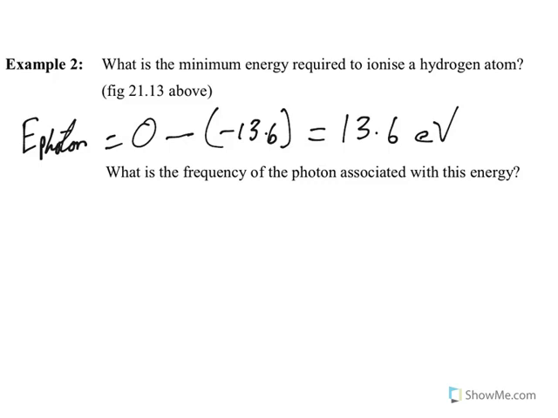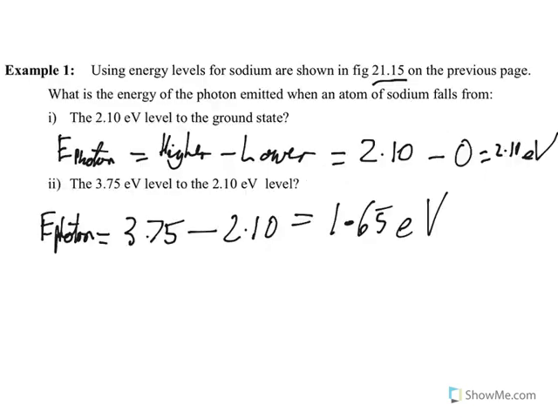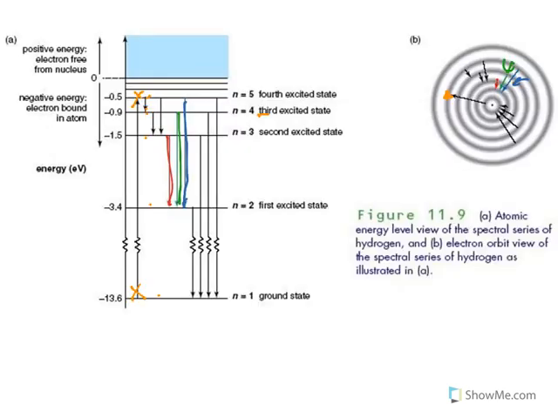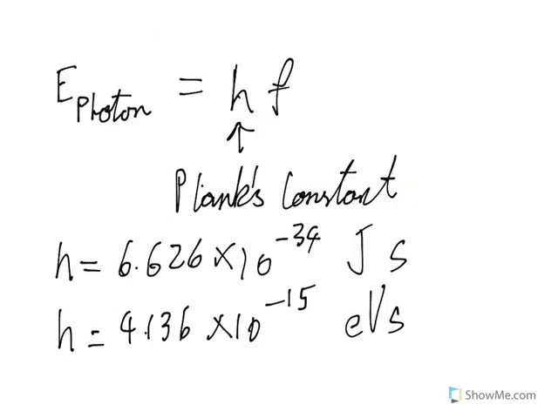Okay, so then it says, what is the frequency? So for frequency, remember, E equals hf, the energy of the photon. So the energy we're looking for is 13.6. Now, because that's in electron volts, we need to choose the electron volt version of Planck's constant. Where are we? We're back again.